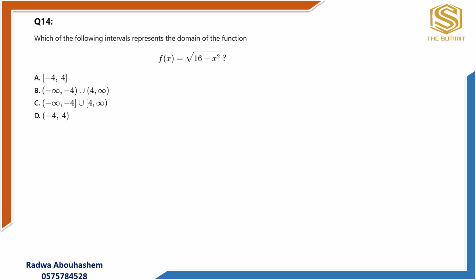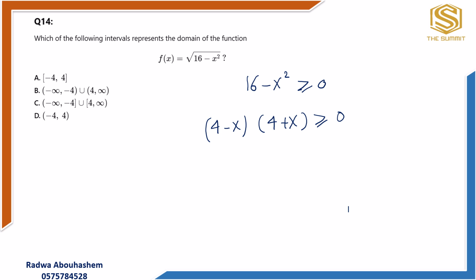Which of the following intervals represents the domain of the function? This means that for the square root of 16 minus x power 2, 16 minus x power 2 should be greater than or equal to 0. So it could be 4 minus x times 4 plus x, because this is a difference between two squares.